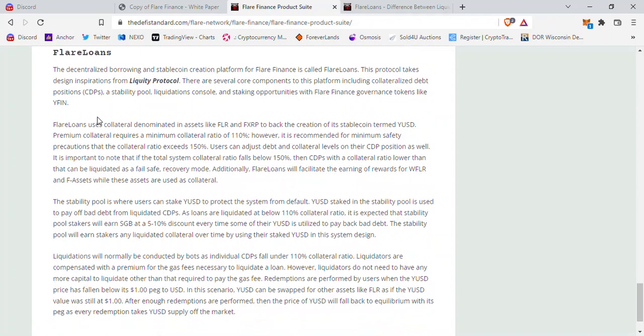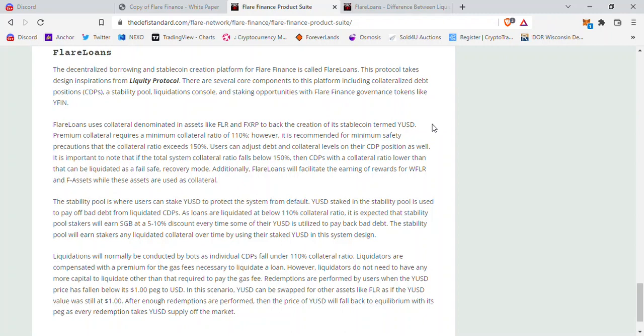So FlareLoans uses collateral denominated in assets like Flare and FXRP to back the creation of its stablecoin termed YUSD. So that's just the collateral. Right now on ExFi, you can use either the token ExFi or Songbird or Wrap Songbird.